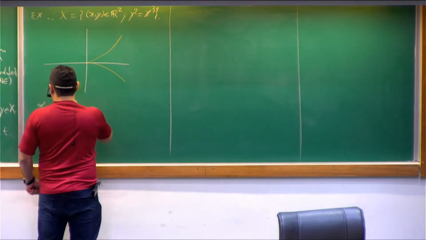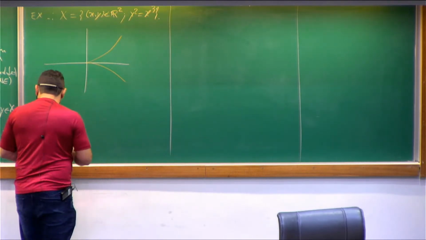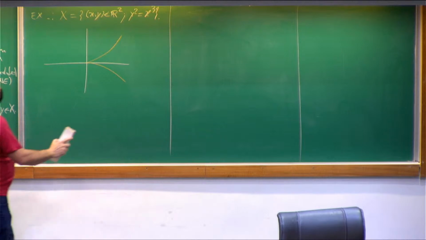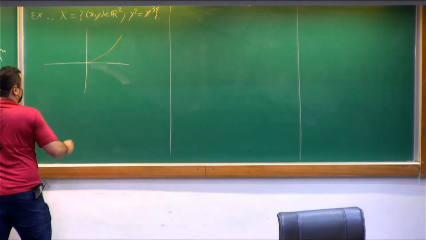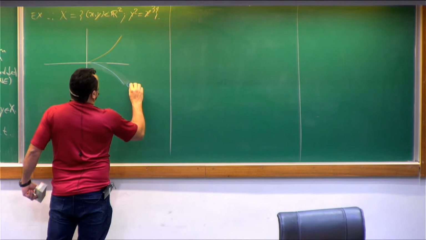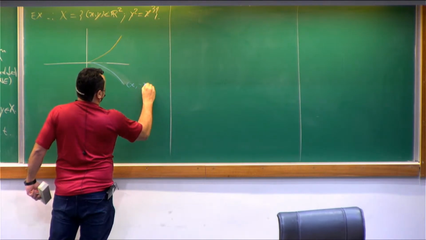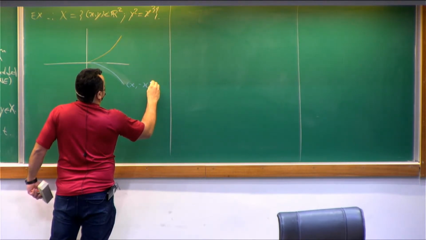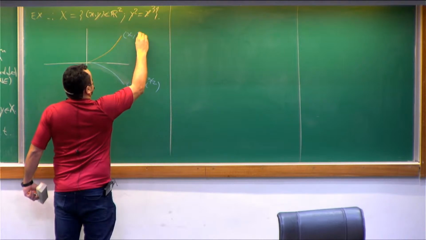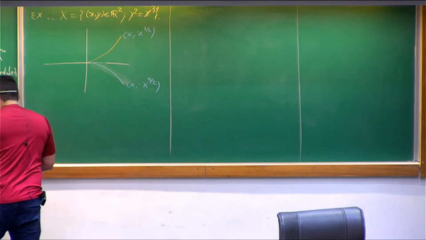For example, we can parameterize this side of the cusp as, maybe it's better to write with another color, for example, here is x, minus x^(3/2), and here is x, x^(3/2).